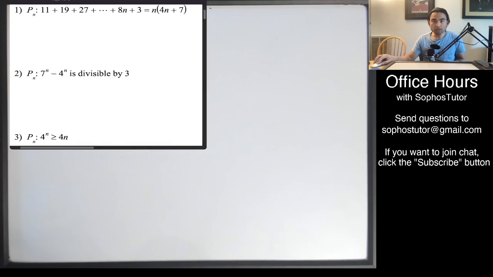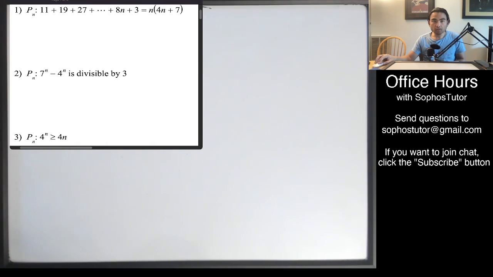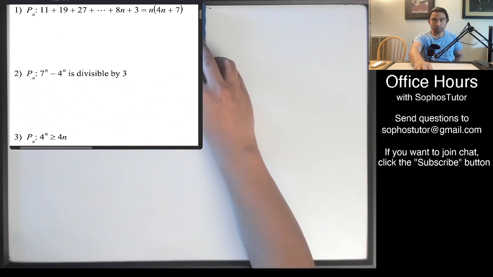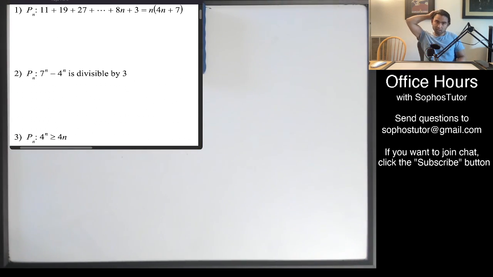So what we have here are three mathematical inductive statements, and I want to talk a little bit about how we solve for mathematical induction, because the steps all look really complicated, and it can feel really confusing.